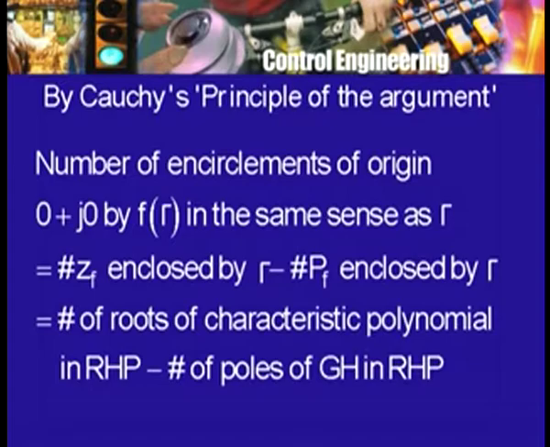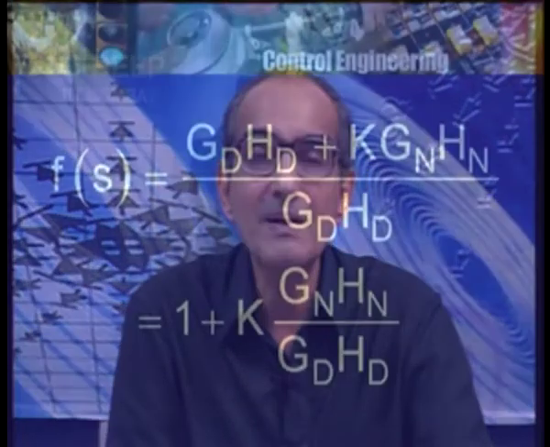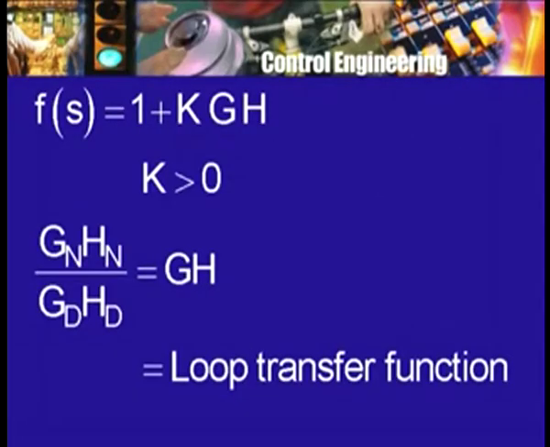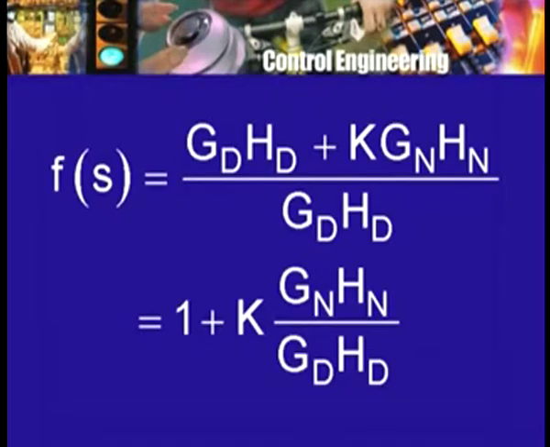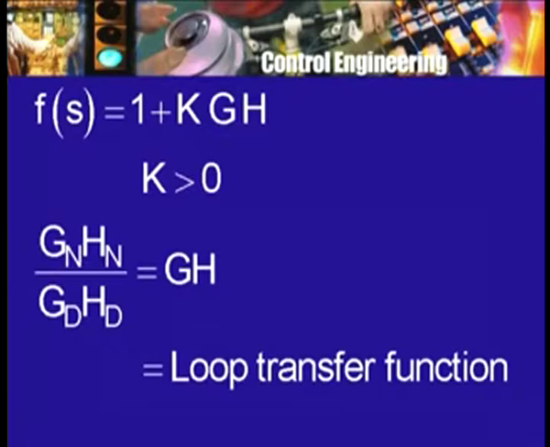Okay, now comes this idea of Nyquist. The function f was simply 1 plus k gh. I will rewrite it here, 1 plus k gh. So, the image contour f gamma is simply 1 plus the image of this part, but this is k times gh, so it is simply a scaled version of the image of gh.